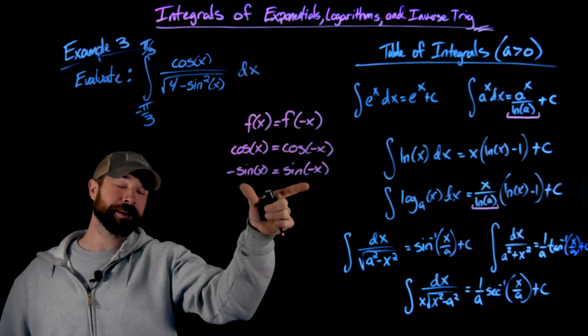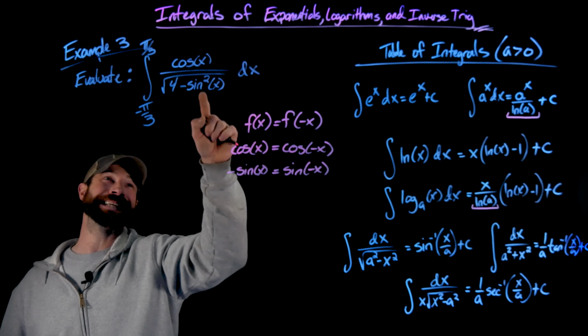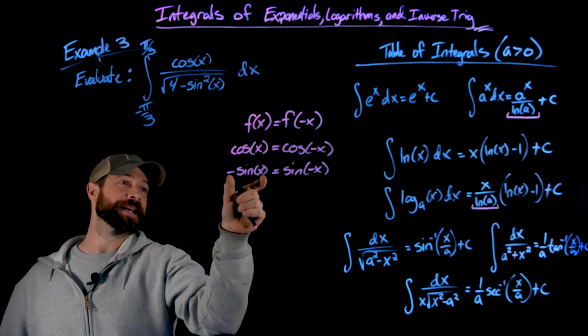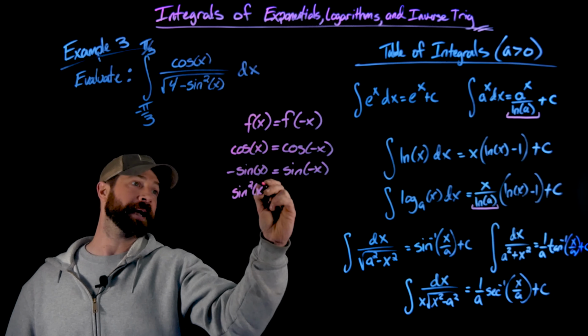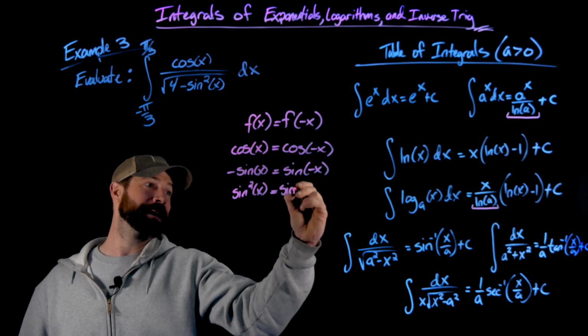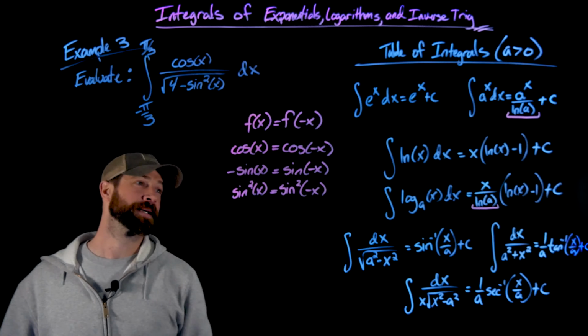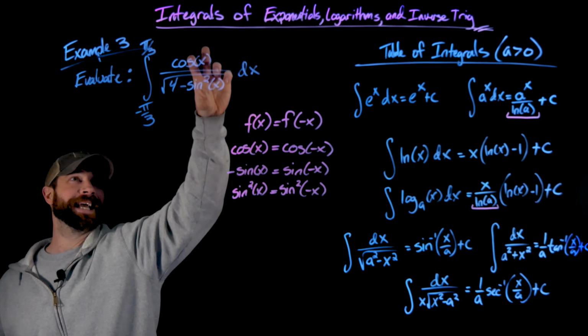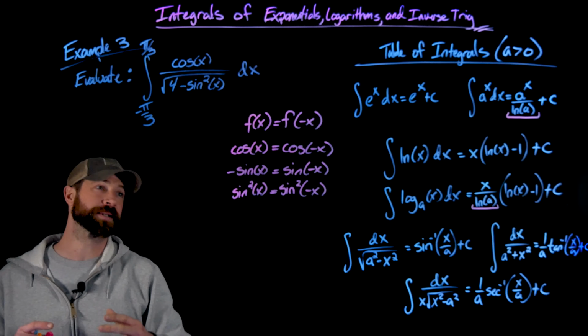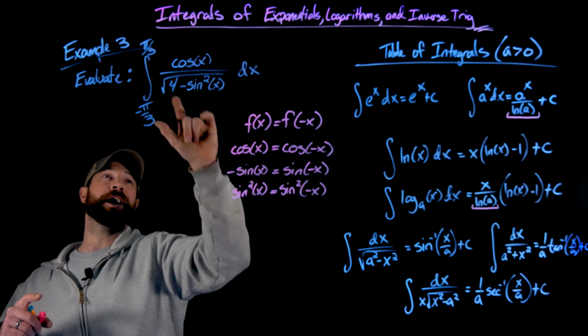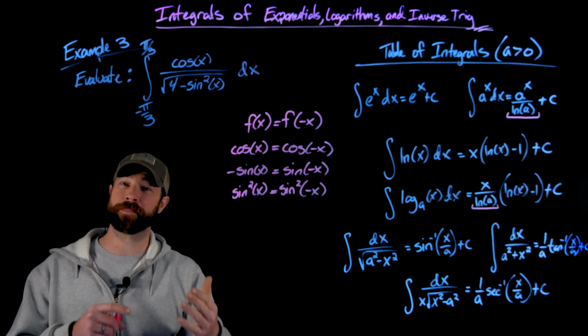Though if we square both sides of this, because we have sine squared in this statement, when we square, the negative goes away. We'll get sine squared of x equals the sine squared of negative x. Meaning, in this case right here, these places where I'm inputting my variable, which is the important parts, those two pieces will output the same thing for negative or positive.